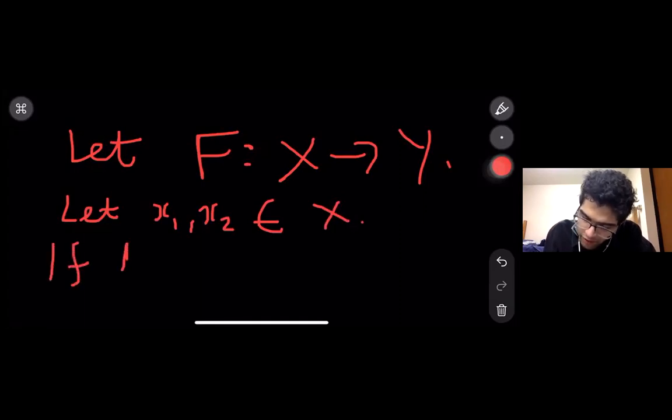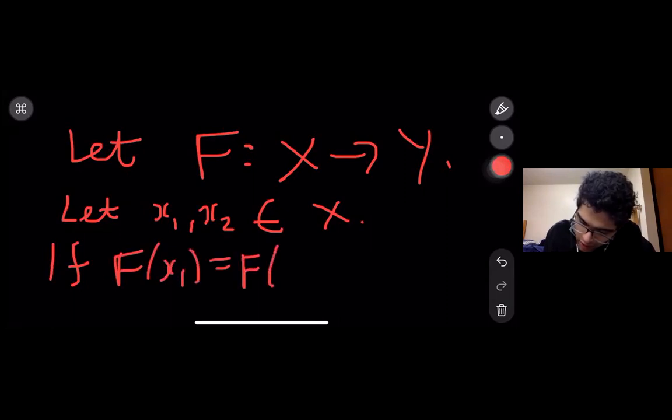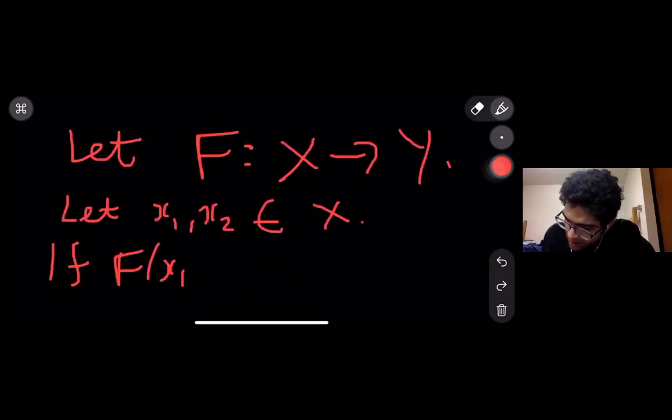If f of x1 equals f of x2, actually the mathematical way to write this... oh my god, why did I... okay, just a second.